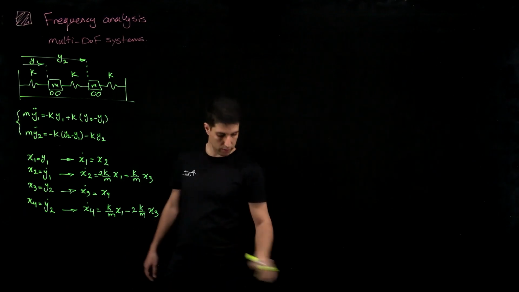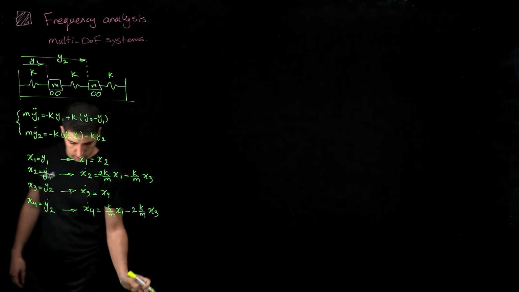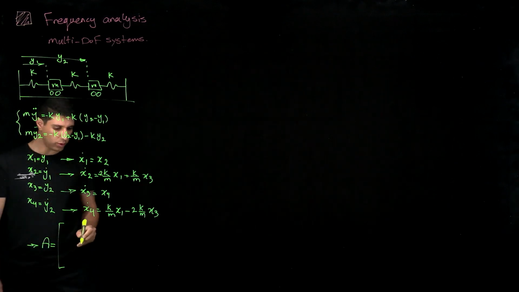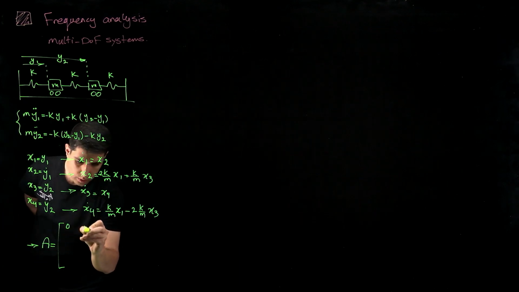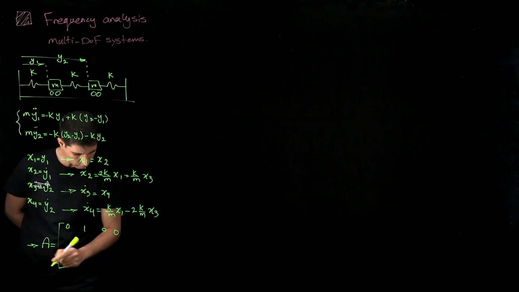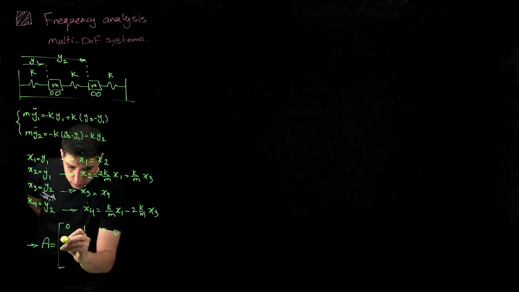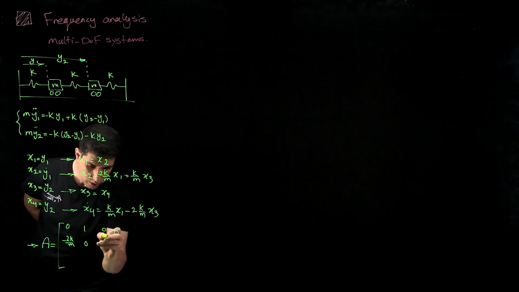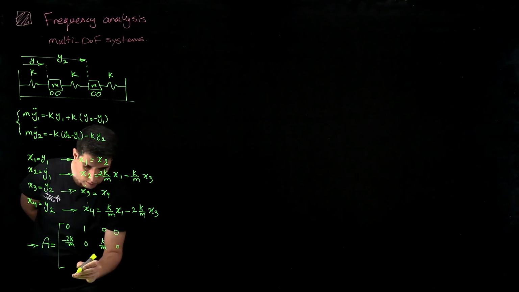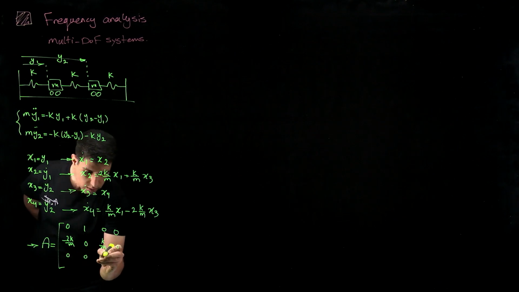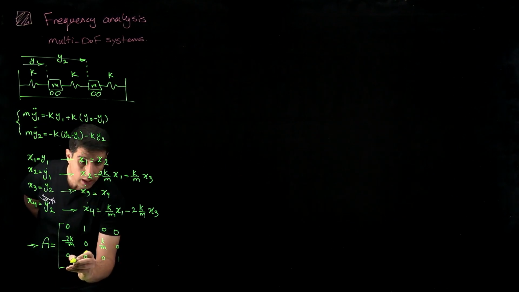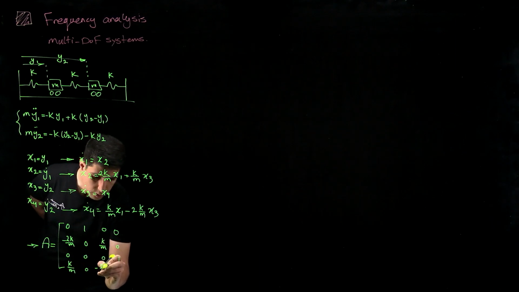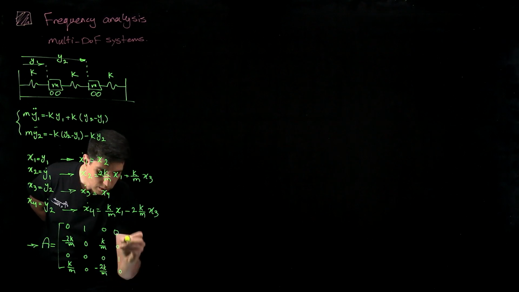And do I have, let me write it here. So my A matrix that I need to work with is [0, 1, 0, 0; minus 2k over m, 0, k over m, 0; 0, 0, 0, 1; k over m, 0, minus 2k over m, 0].